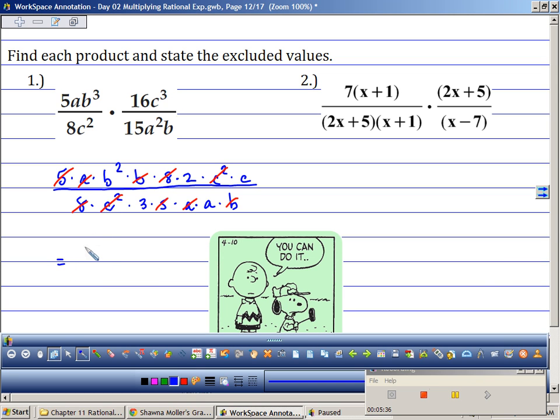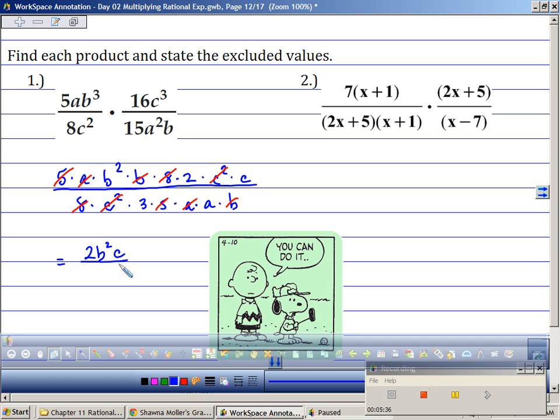And I'm left with 2b squared c. And usually put the variables in order. And 3a. But you'd still be right if you said 2b squared, right? It doesn't matter. Why doesn't it matter? What property lets us write it in whichever order?